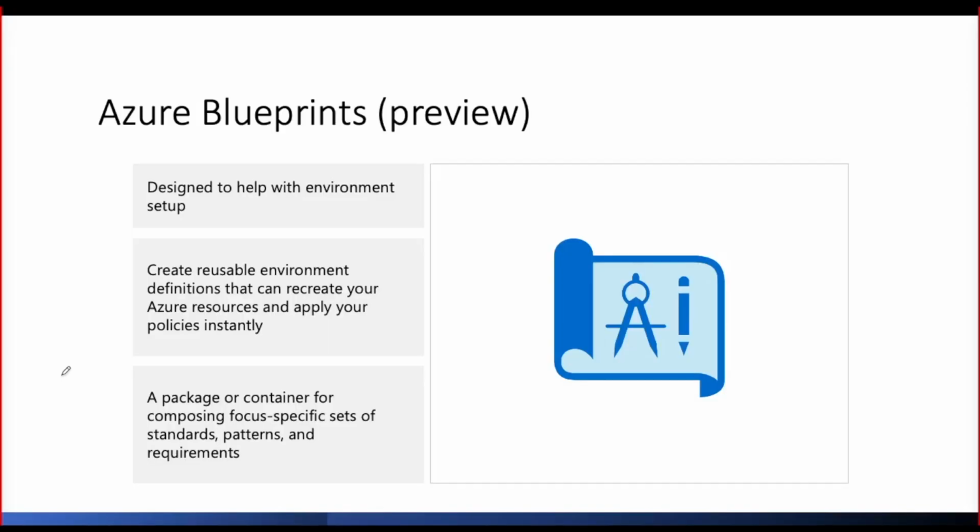Sometimes in our environment, we need a proper environment to be set up, certain roles to be executed, certain policies to be in place, certain resources to be spun up. According to the requirements that we have, we can spin up something called a blueprint. A blueprint is a template environment which has roles also included, and it is designed to spin up a particular environment which you want to set up for your organization requirement.